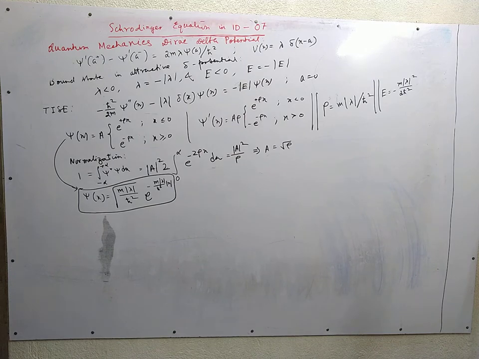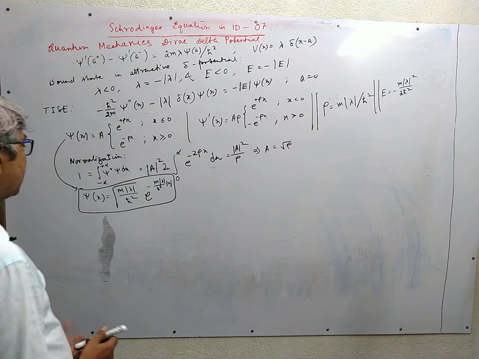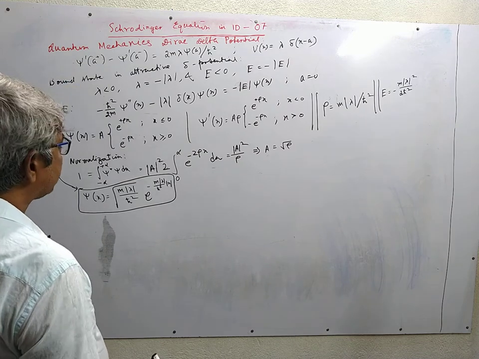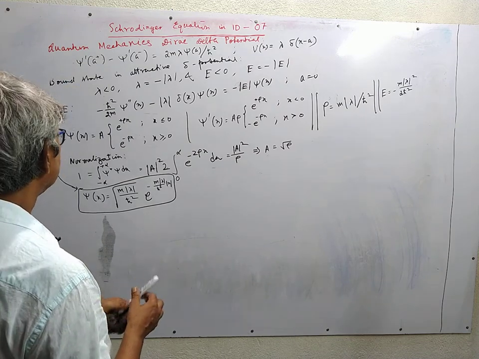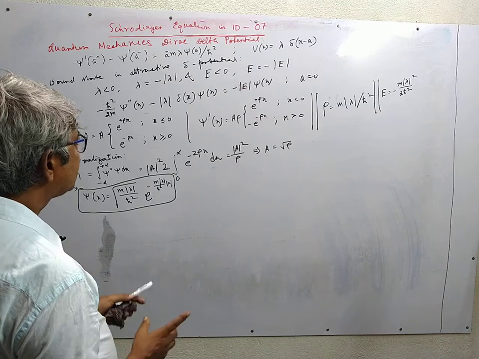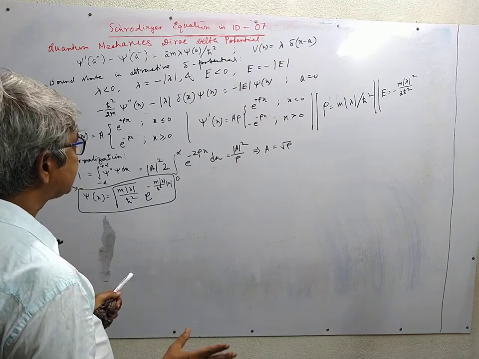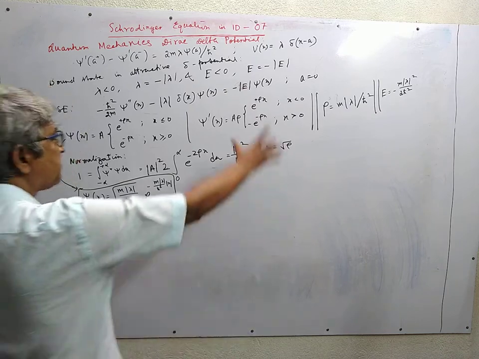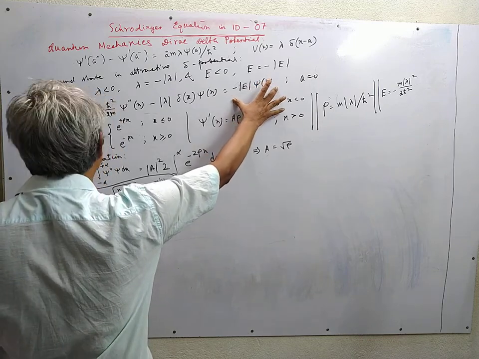Now, this is the bound state case. If we want to study the scattering of a particle of mass m under an attractive delta potential, then what will happen? For the scattering case, E is greater than 0, so this part will be positive.